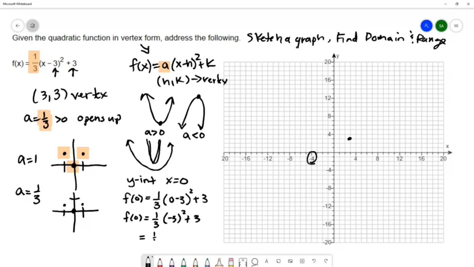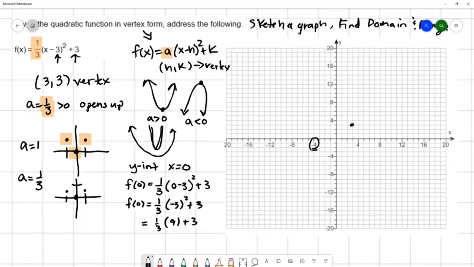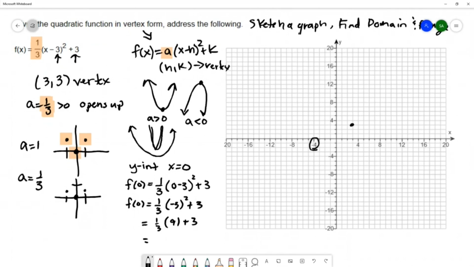Negative 3 squared is 9. 1/3 of 9 is 3. And you have 3 plus 3 is 6. So this gives you a second ordered pair on the graph, (0, 6). And because those are both integers, MyMathLab will accept that second click. And you can see how wide the parabola is from there.